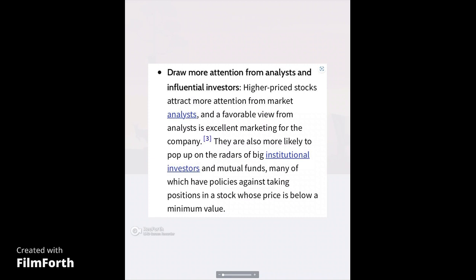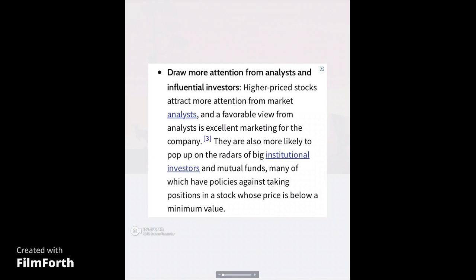They are also more likely to pop up on the radars of big institutional investors and mutual funds, many of which have policies against taking positions in a stock whose price is below a minimum value. And that's exactly what I said. A lot of these have rules where if the stock's trading below $5 or even below $10, they won't touch it, guys.